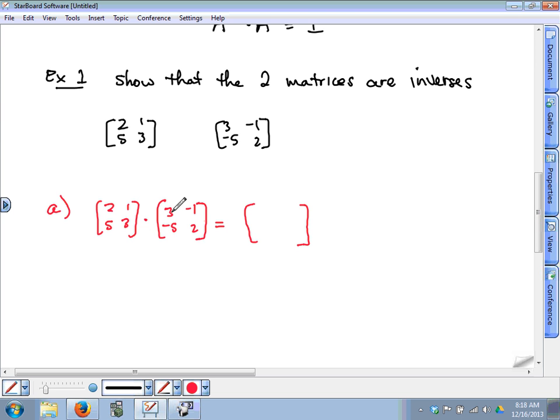So the first one is 6 minus 5. The next entry down here is 15 minus 15.